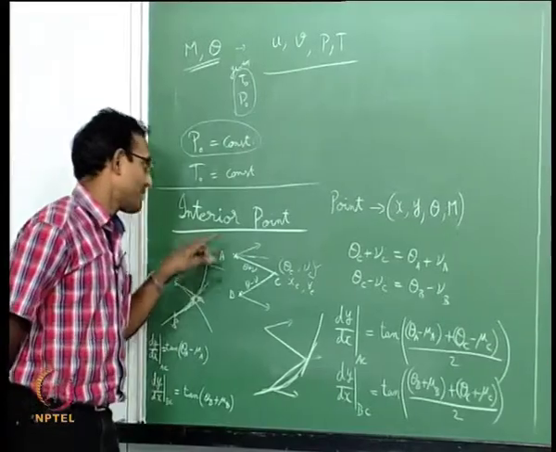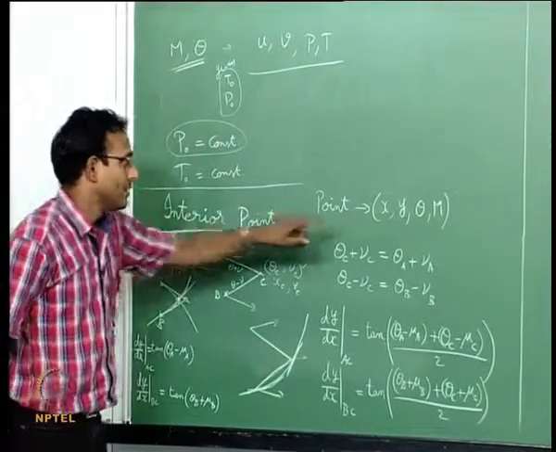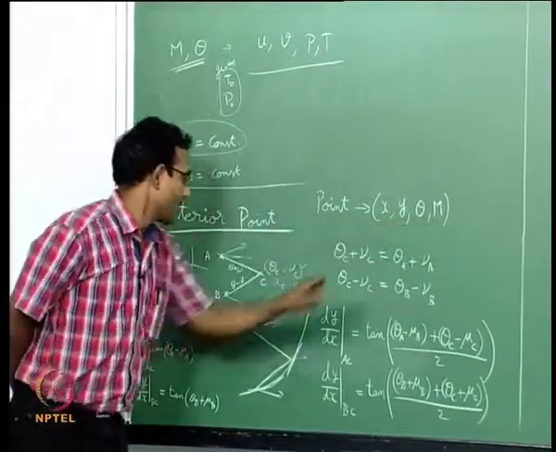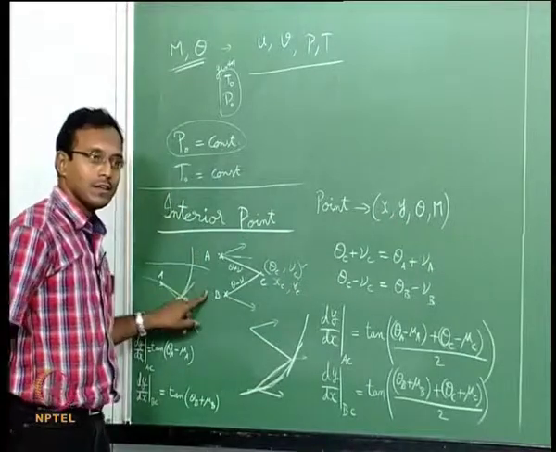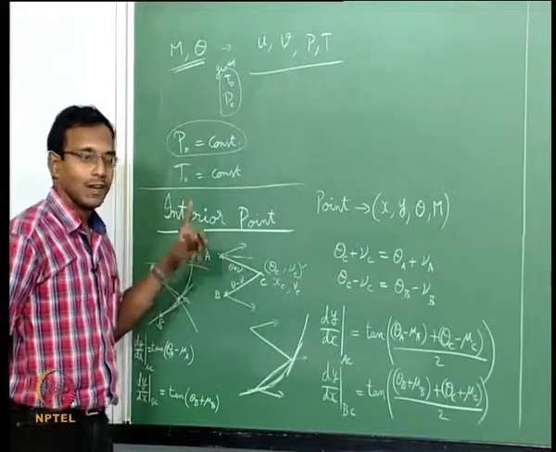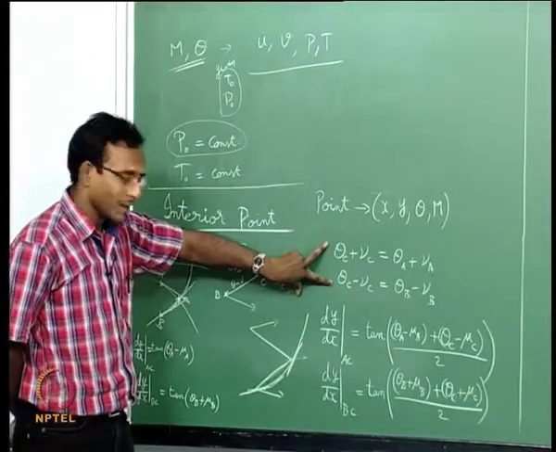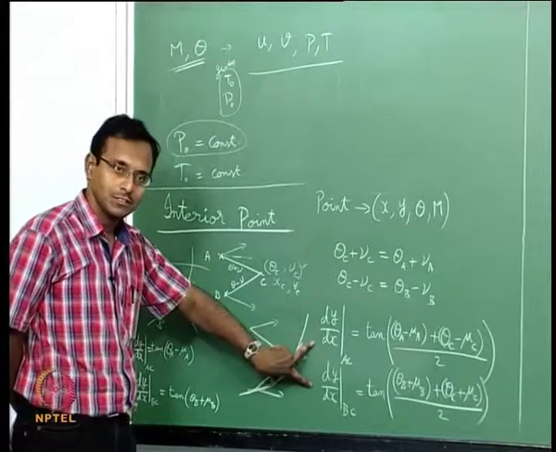So, if I have a subroutine for an interior point, I am given x, y, theta, mu for 2 points A and B. I need to get x, y, theta, mu for C. How will I do it? I will start with solving for theta c and mu c. Immediately after that, I will use these two expressions.